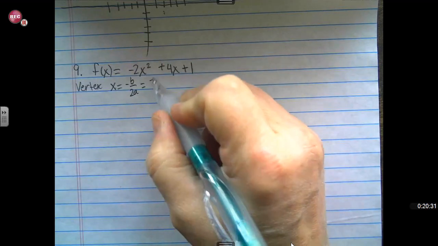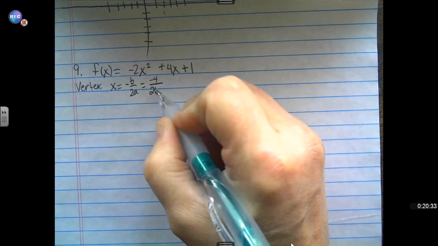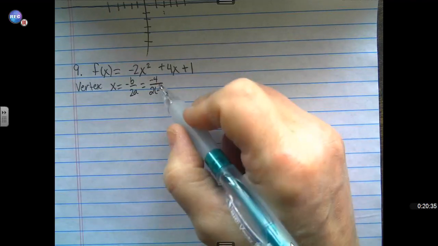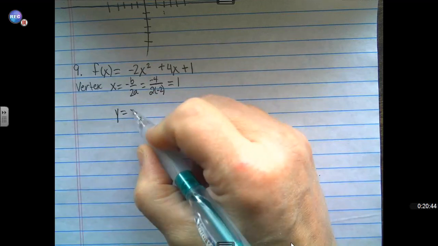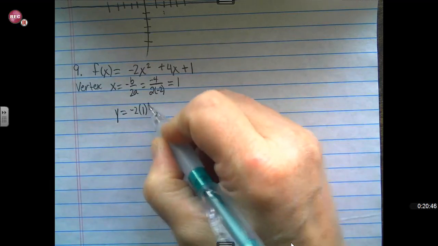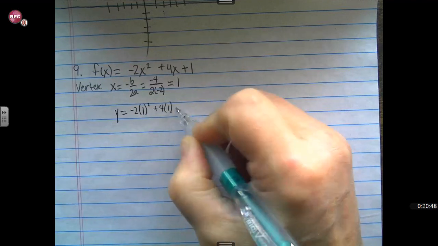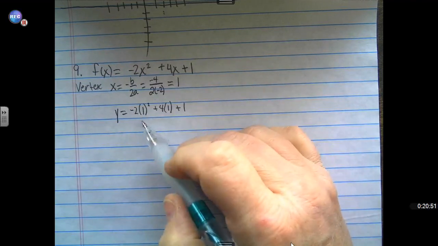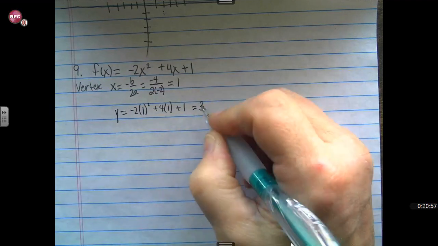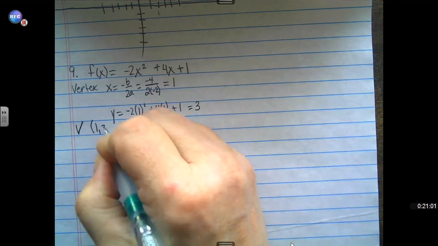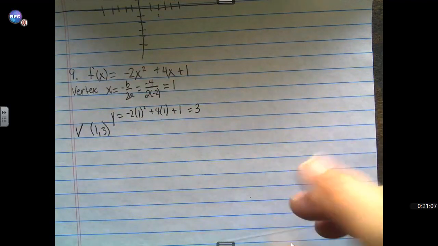So that's going to be negative 4 over 2 times negative 2, which is negative 4 over negative 4, which is 1. So the y value is negative 2 times 1 squared plus 4 times 1 plus 1. So negative 2 plus 4 is 2, plus 1 is 3. So our vertex is at 1, 3. And this parabola opens down because of that negative 2 in front.